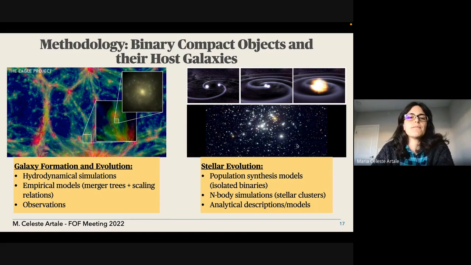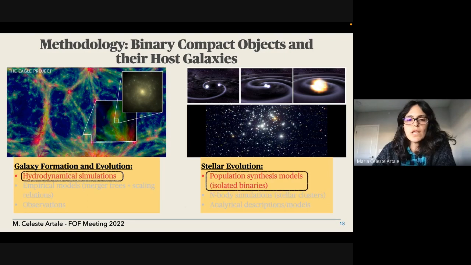What we do is use galaxy formation and evolution from hydrodynamical simulations or empirical models, or also from observations, as I showed you before with the SDSS, and combine this with stellar evolution models that can come from population synthesis models and N-body simulations for when we want to investigate dynamically formed systems, and we can also use analytical descriptions. In particular, what I typically use are hydrodynamical cosmological simulations like EAGLE, Illustris, TNG, together with population synthesis models.